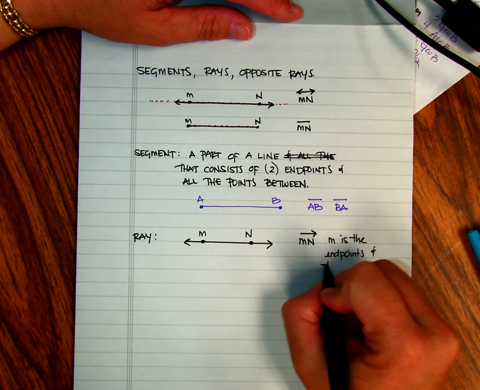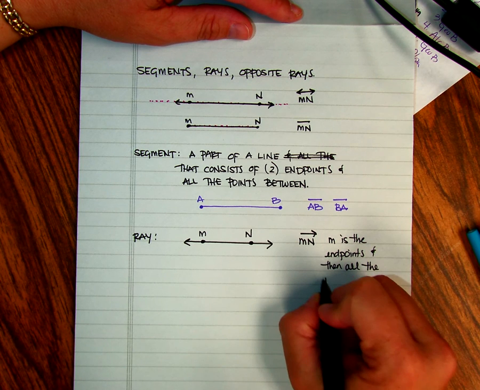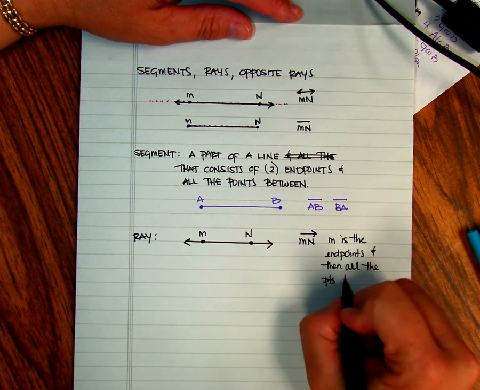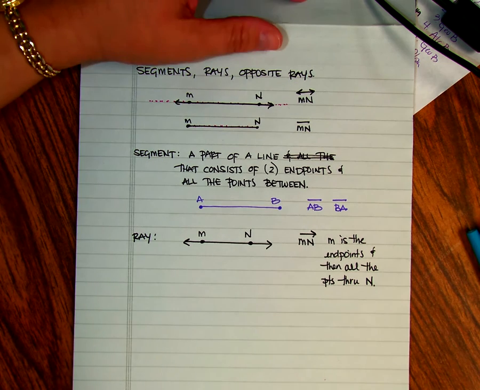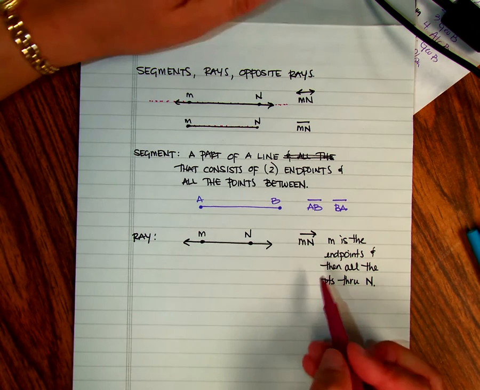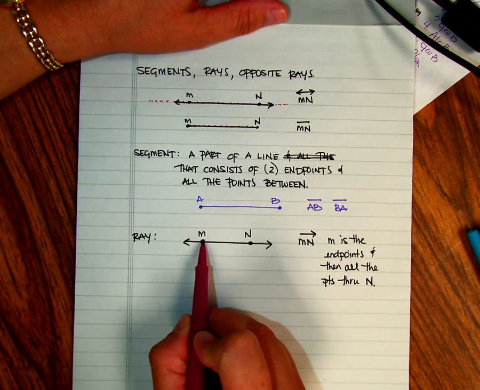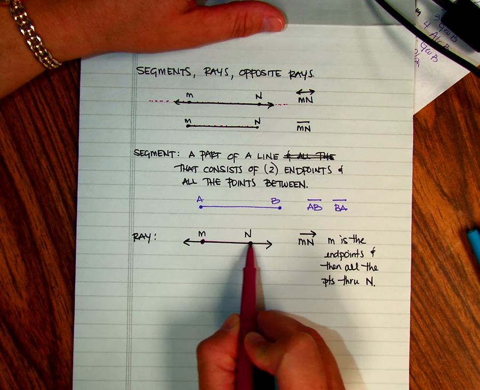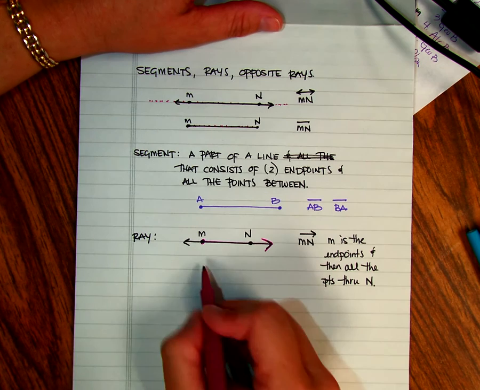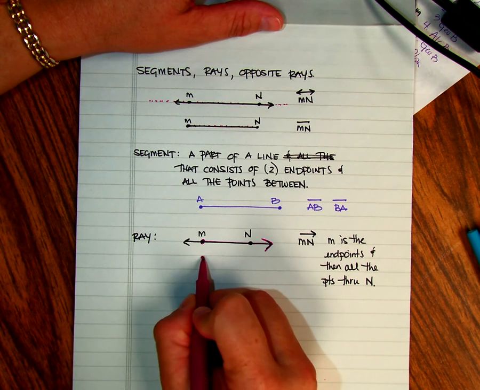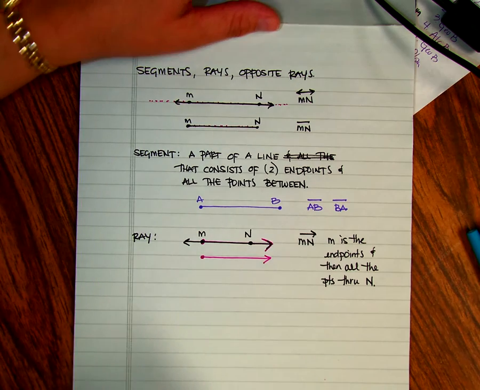And then all the points through N. So if I am talking about ray MN, endpoint is M, and I'm talking about all the points through N in that direction. Okay, so if I were to model this with a different color, I'm thinking about all of those points.